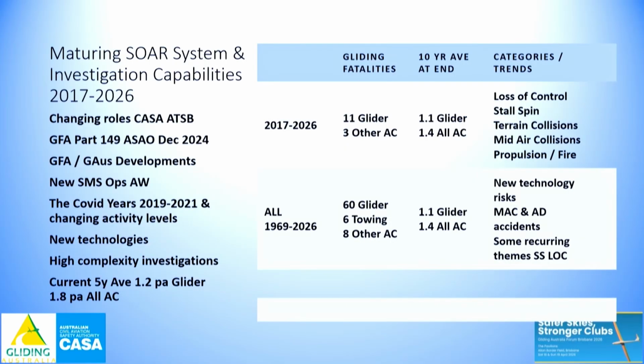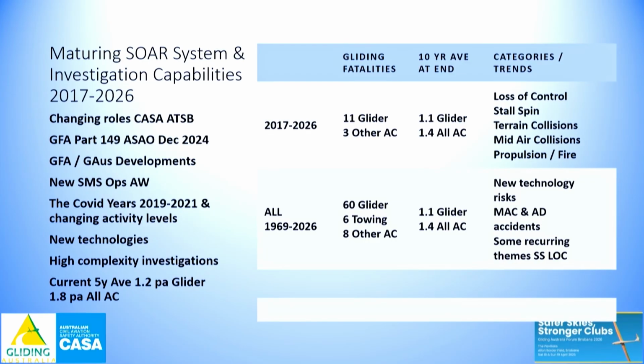The 10-year average is 1.1 per annum for gliders, or 1.4 if you include tow planes and other aircraft. Our 5-year average, which is more a norm of what we're tracking continuously, is at the moment 1.2 per annum for gliders and 1.8 for all aircraft.